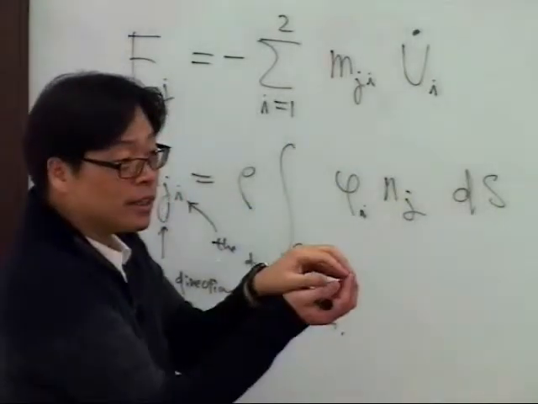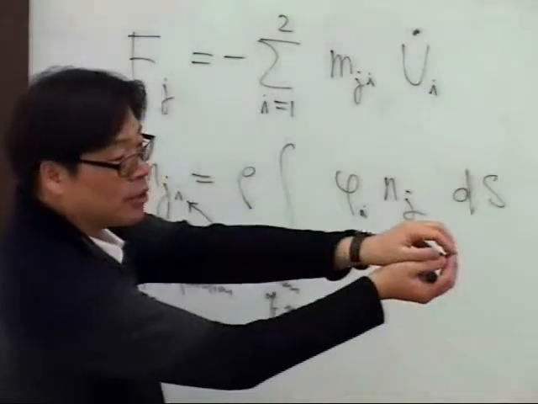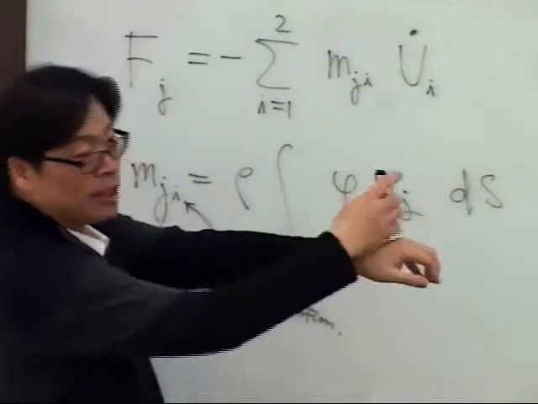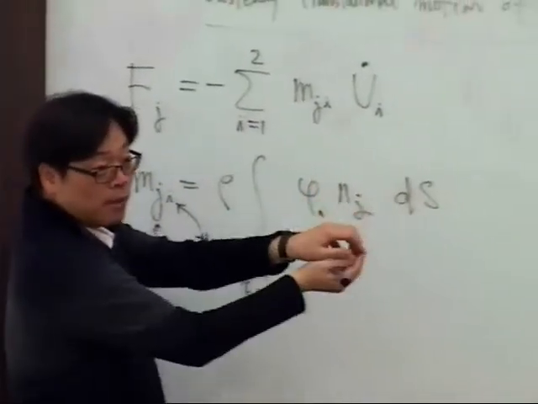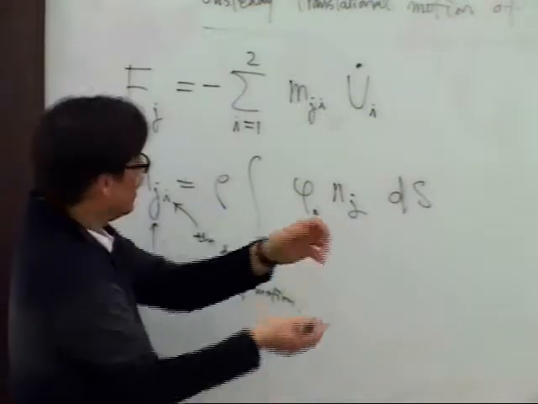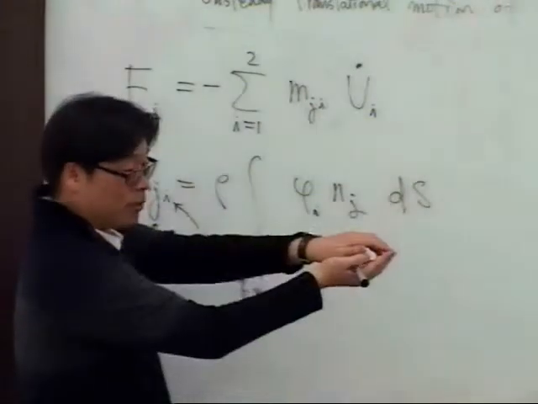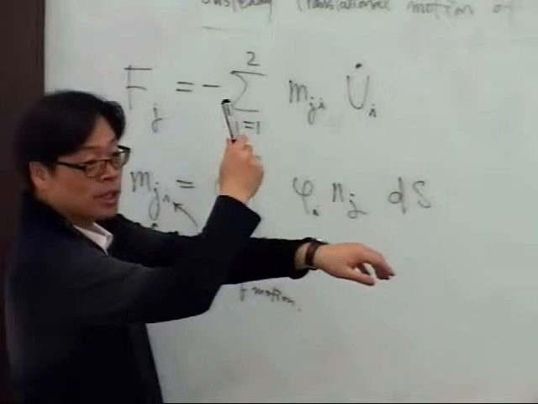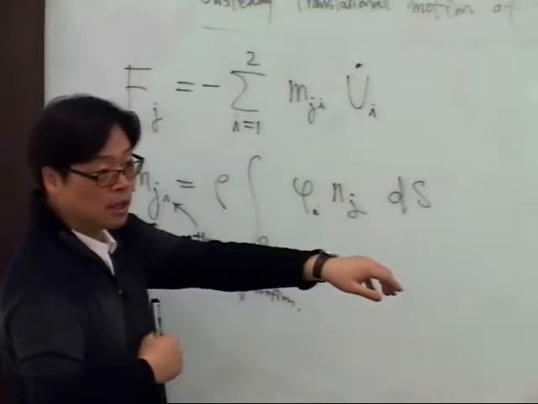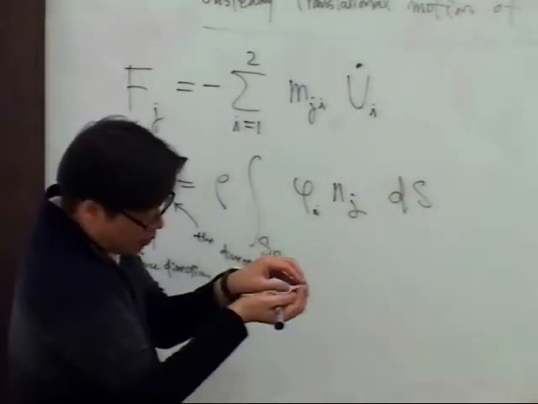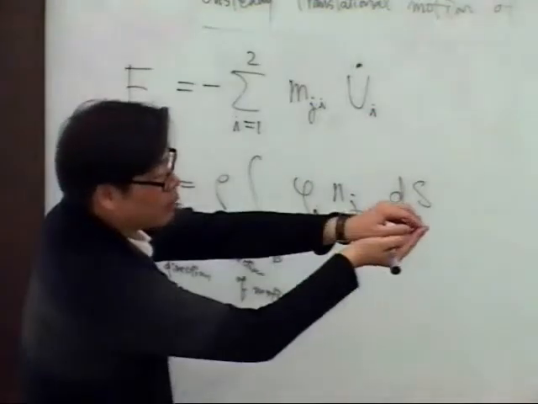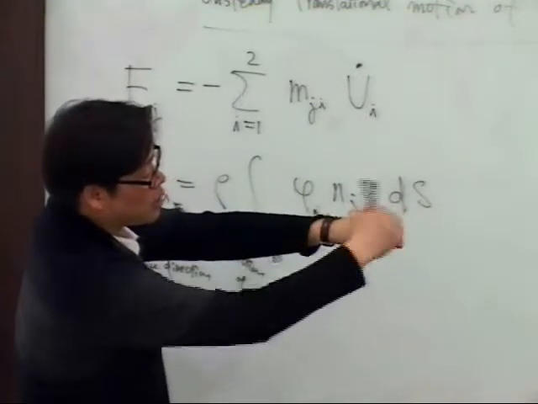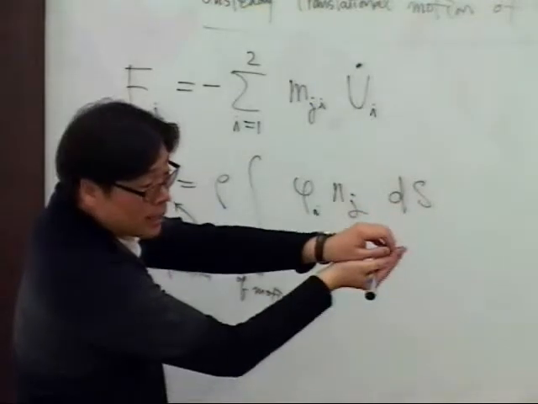If it is a circular cylinder moving in the x direction, of course, there is no force in the y direction because it's symmetric. But if it is not symmetric, then when this body is moving in the x direction, you could have force in the y direction. For a circular cylinder, because you have top and bottom symmetry, when this body is moving this way, the pressure on this side and the pressure on this side are exactly the same.